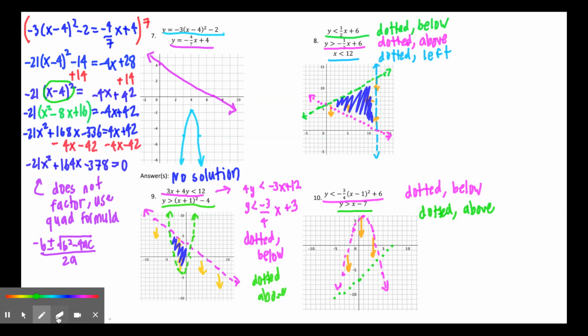I think I lost track of my points here. Okay, and then this one's above. So that's here, and then you can see what happens is, again, this enclosed region is the overlap.